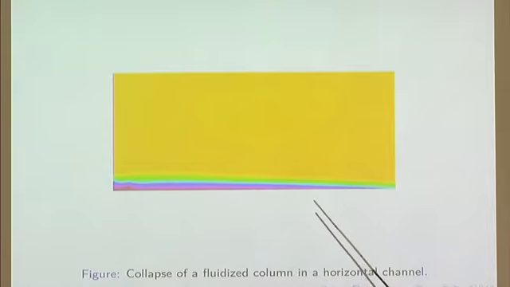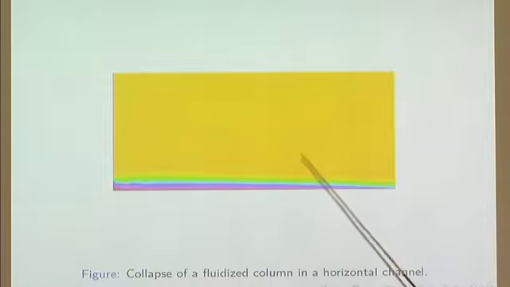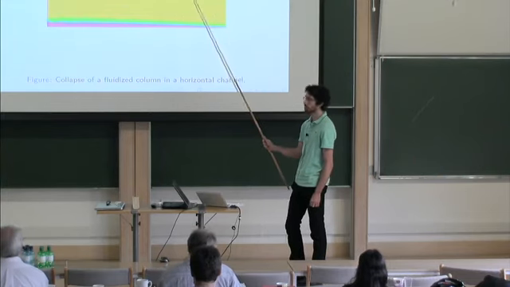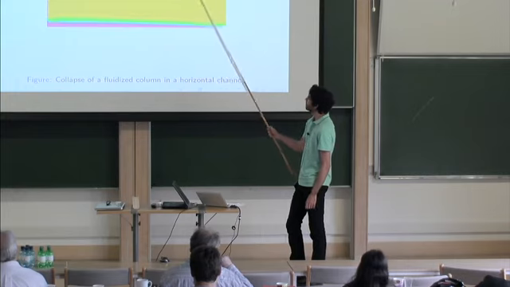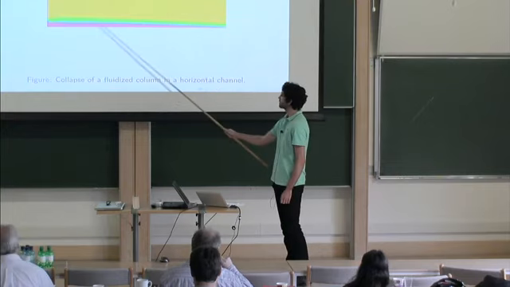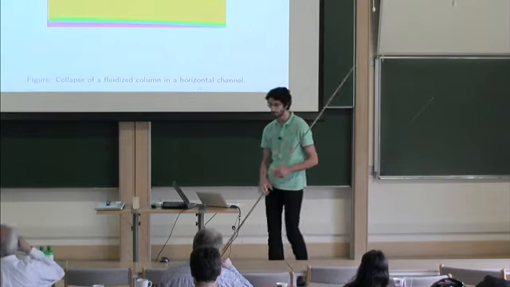So this is only 1.5 seconds. Compared to the 10 seconds on the first movie, this is not comparable. Here, the colors are just for the density, this part is for the gas, this is for the grains.